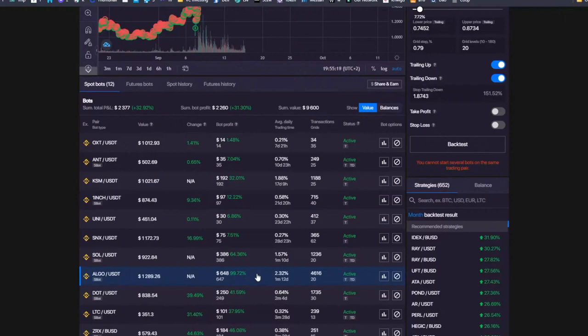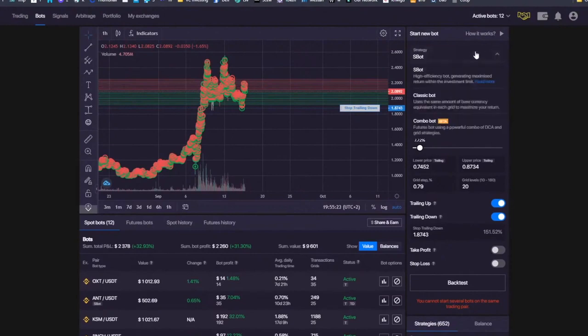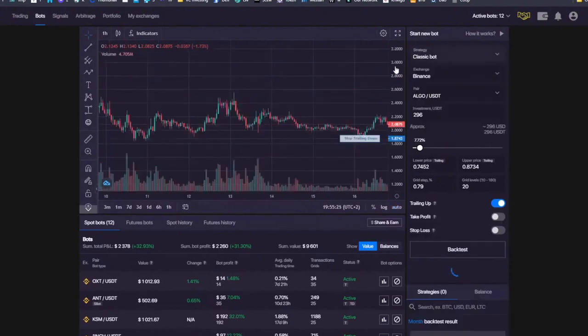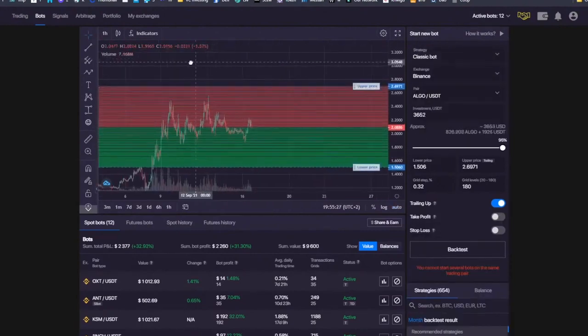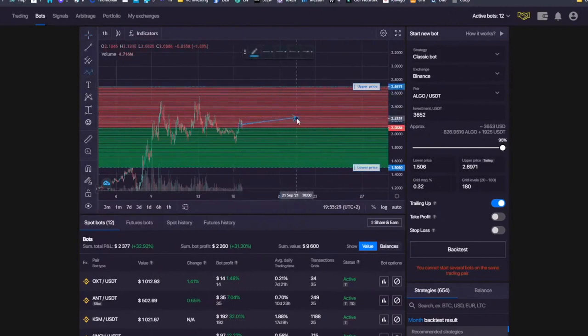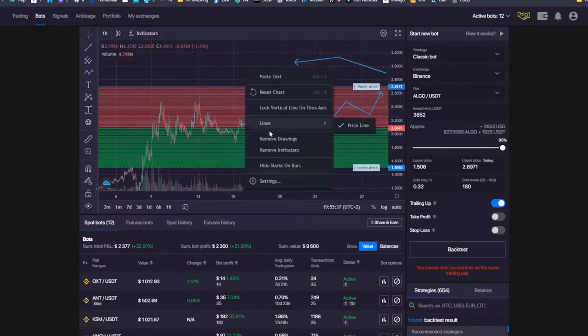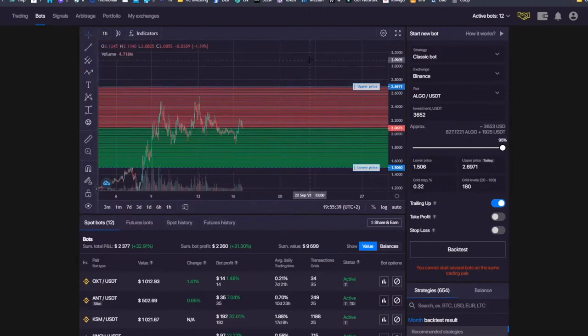Depending on your anticipation, you set different strategies. Okay, so the rule of thumb is that you set a classic bot if you expect the market to rally. It's the best one to achieve the highest return when the price is going high and establishes new higher highs. Okay, something is wrong with my drawing tool today.